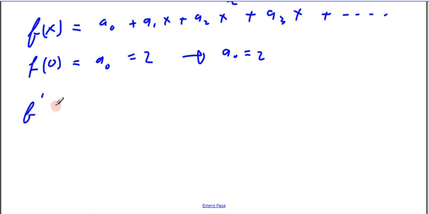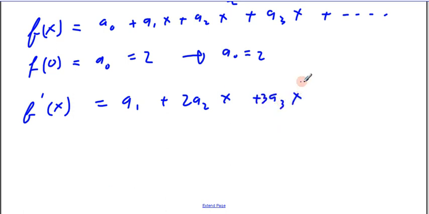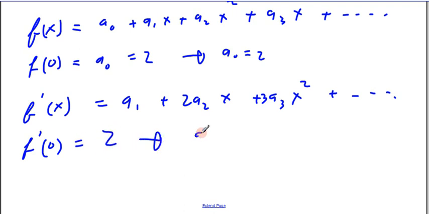And then we look at f prime of x, and that's going to be a1 plus 2a2x plus 3a3x squared plus and so on. And f prime at 0 is 2, so that implies that a1 is equal to 2.